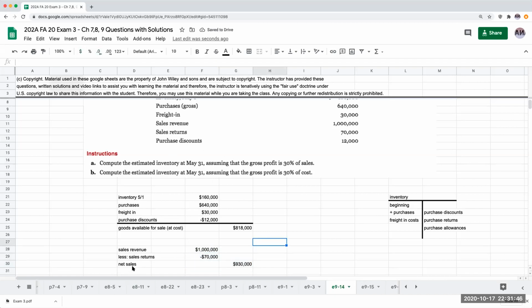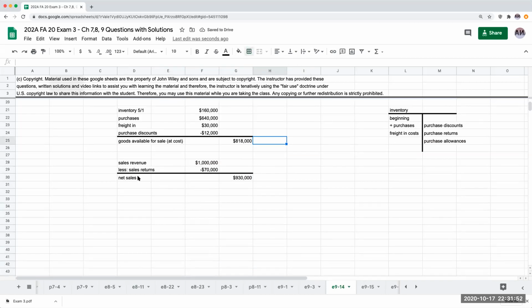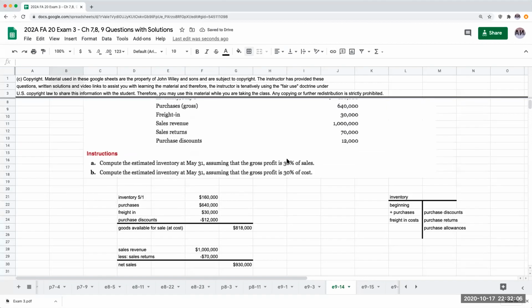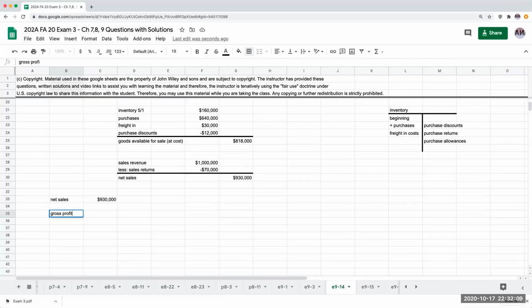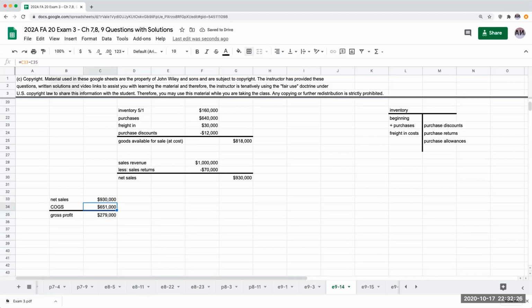If my gross profit is 30% of net sales, my net sales were $930,000, and my gross profit is 30% of that, or $279,000. Then my cost of goods sold must have been the difference between these two, or $651,000.